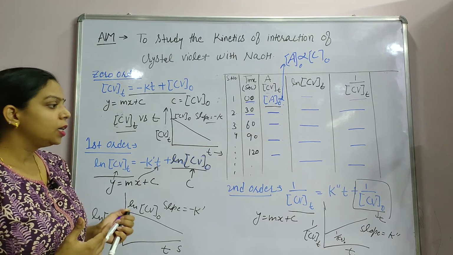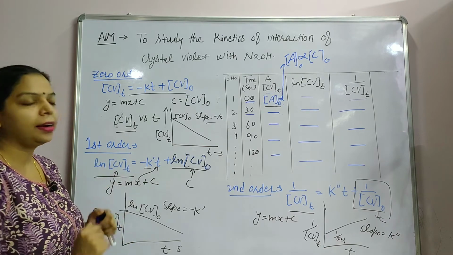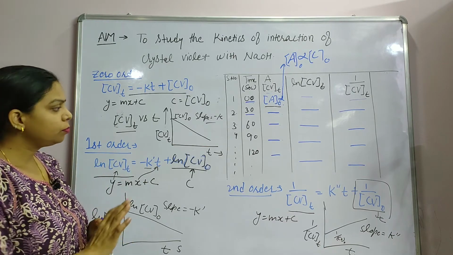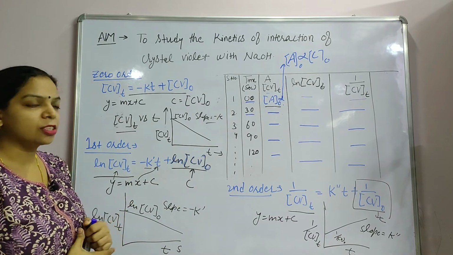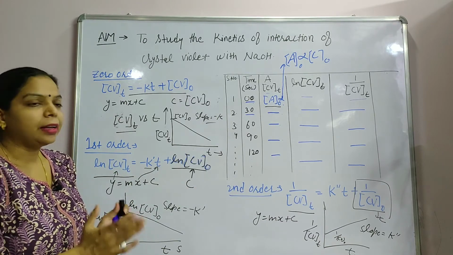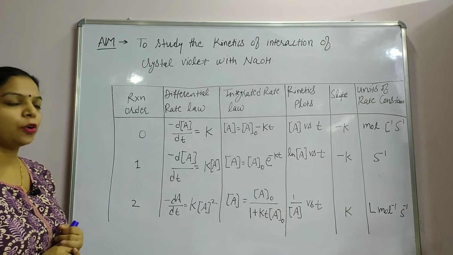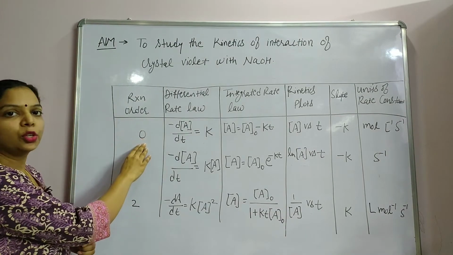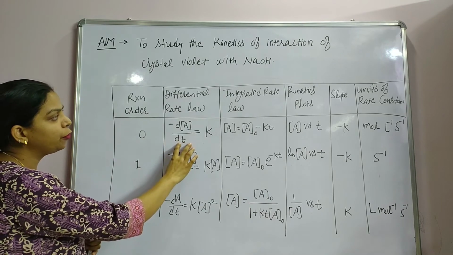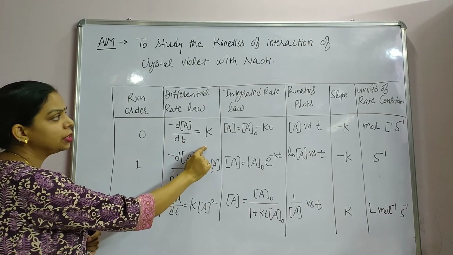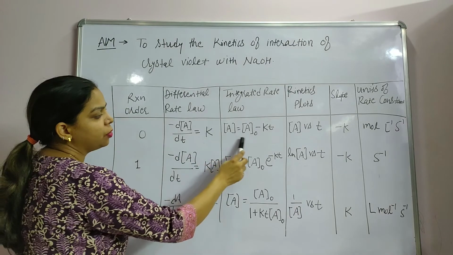So now let's see the table in detail. What should be the units for the reaction constant in a tabular form. Here we can see that if the reaction is 0th order, the rate law in differential form is given by this equation and the integrated form is given by this equation.